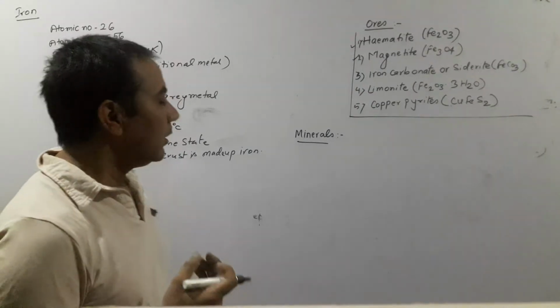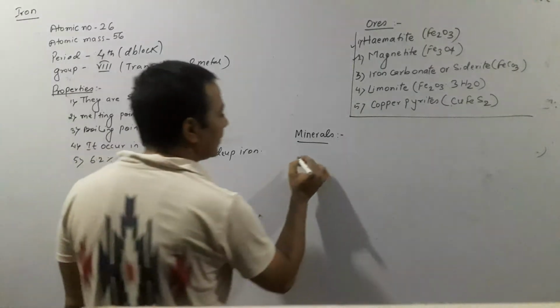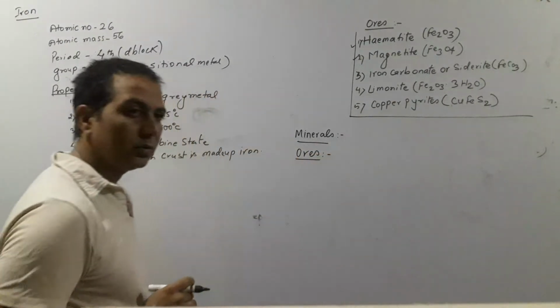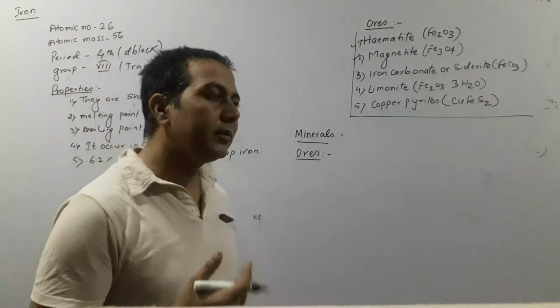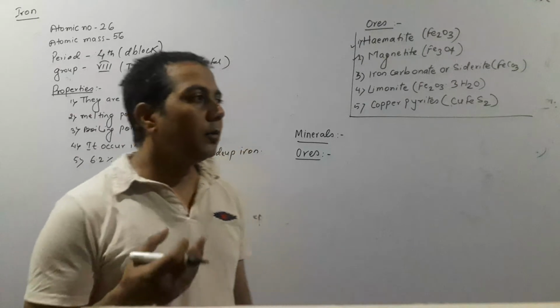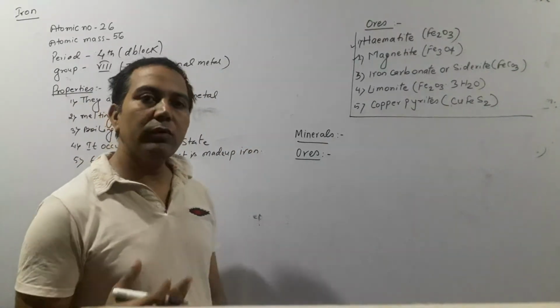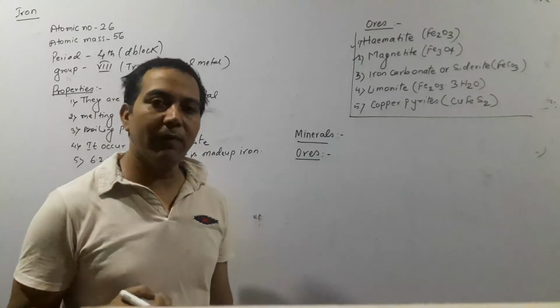Okay. Then, the next word is ores. So what is ore? Ore is similar to minerals, but the difference is that ores contain large amounts of metal, so that we can get more metal when we purify.